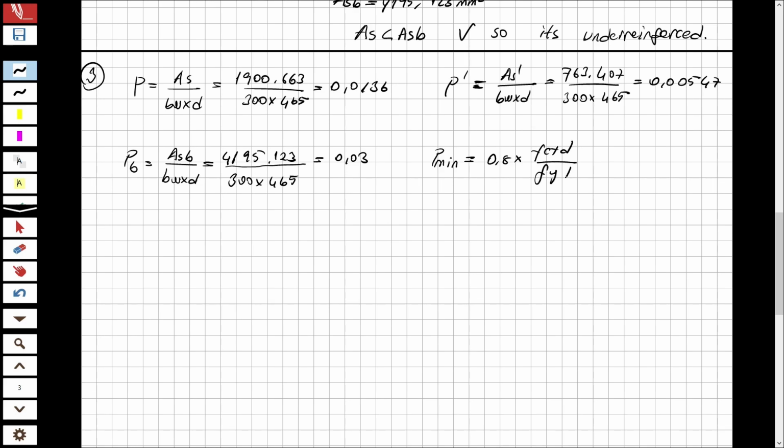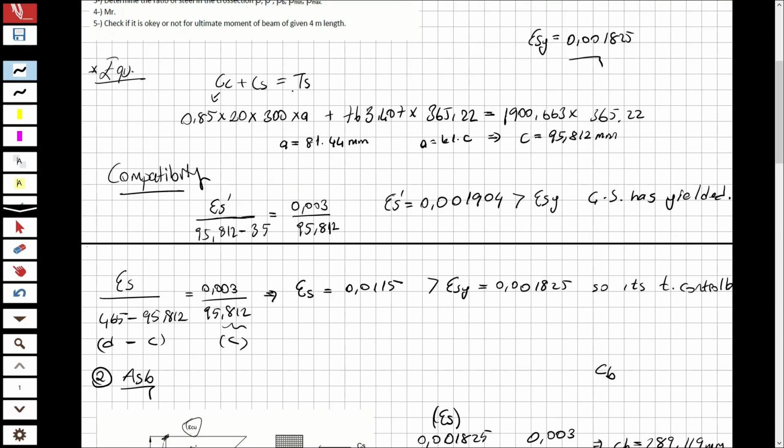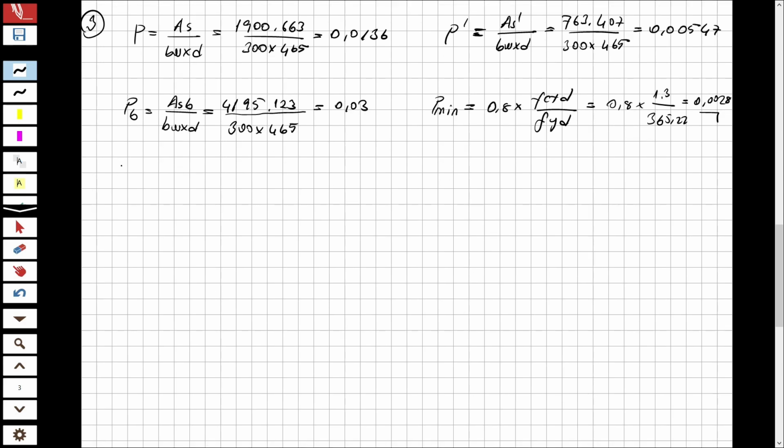So let's write the whole equation: 0.8 multiplied by 1.3 over FYD, 365.22, will be equal to 0.0028.